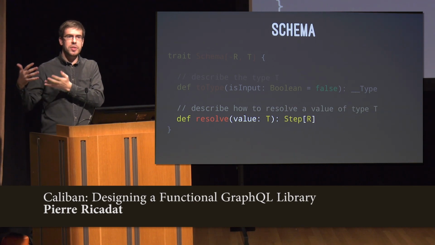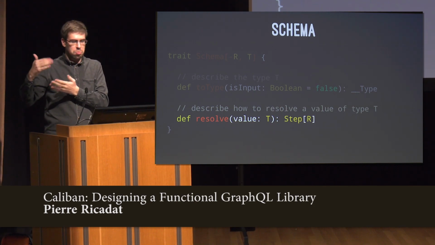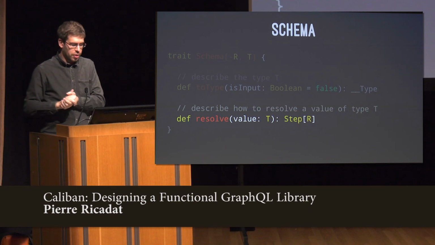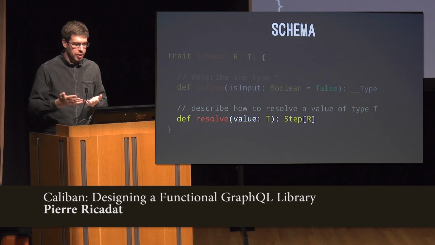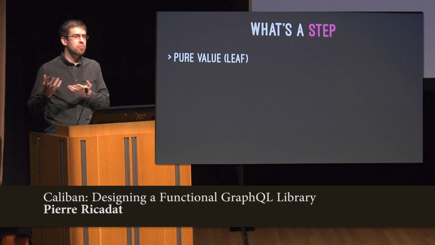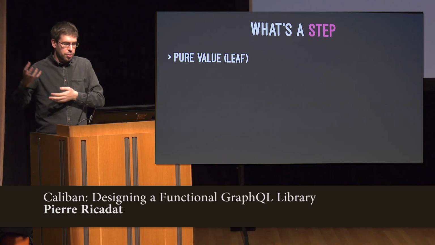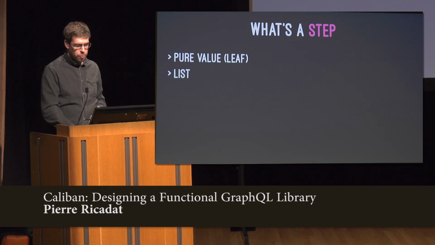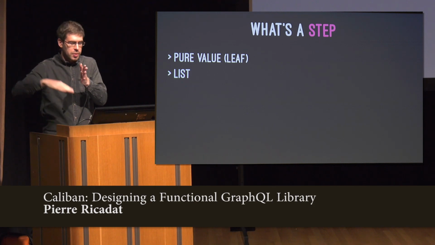So what's a Step? A Step is a description of a computation, a bit like ZIO is a description of an effect, that tells us how to gather that field. So what can be a Step? A Step can be a pure value, so that's very simple. Like for a schema of string, well, the value is just a string. There is nothing else to do. It can be a list of steps, so we need to run multiple steps.